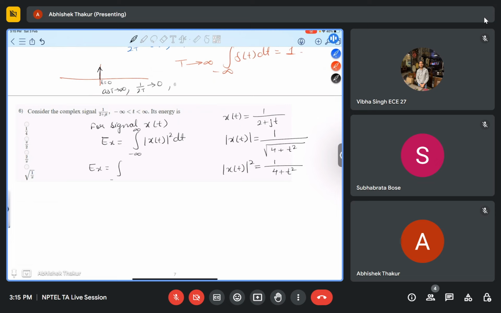So energy will be equal to integral from minus infinite to infinite of dt.